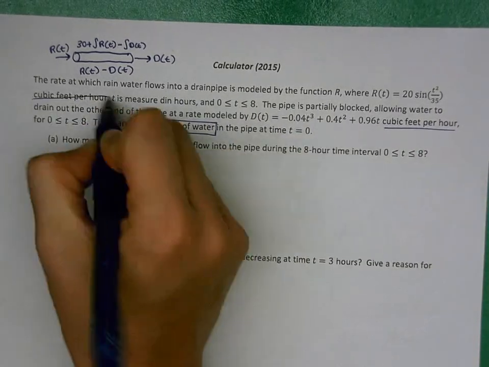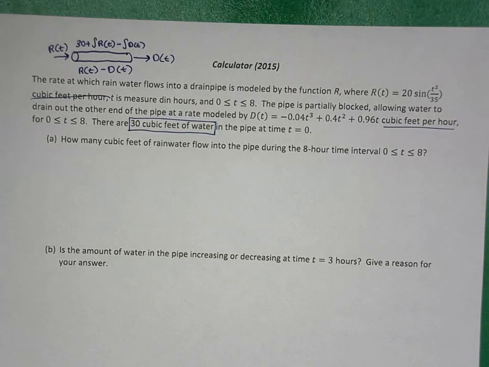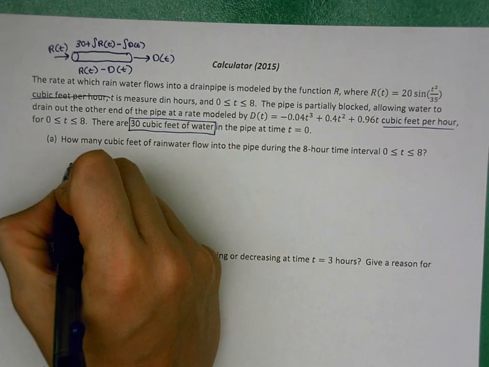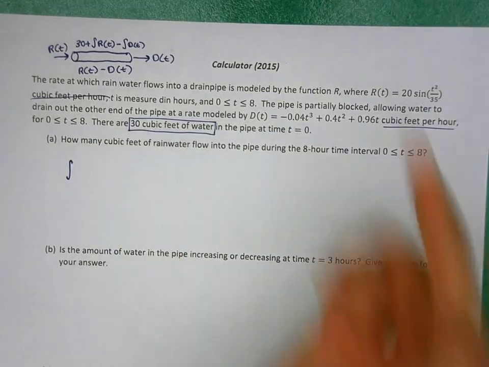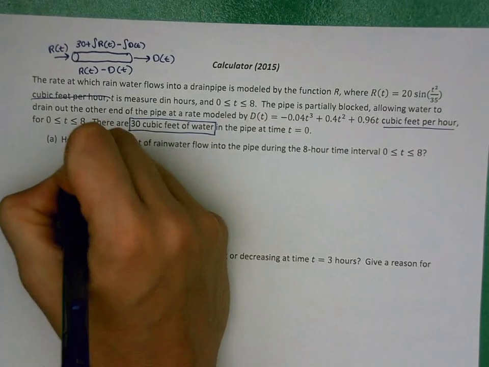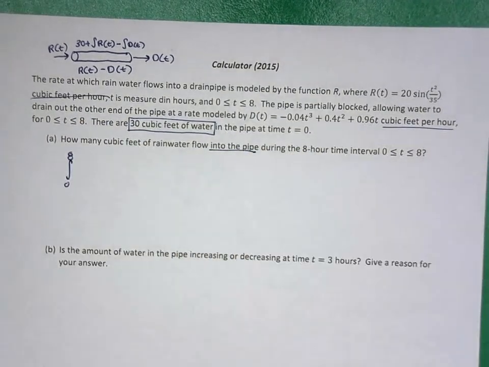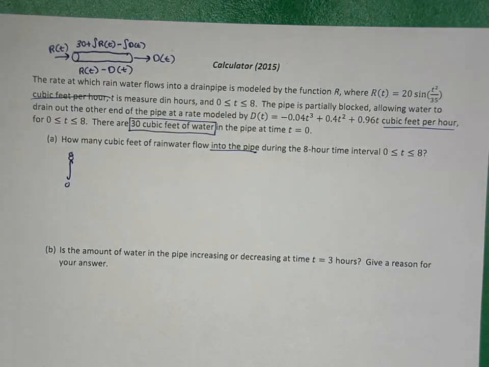A, how many cubic feet of rainwater flow into the pipe during the 8-hour time interval? So what's the total that went into the pipe? Total, again, is an integral. And we're just talking in this case about flowing into the pipe.